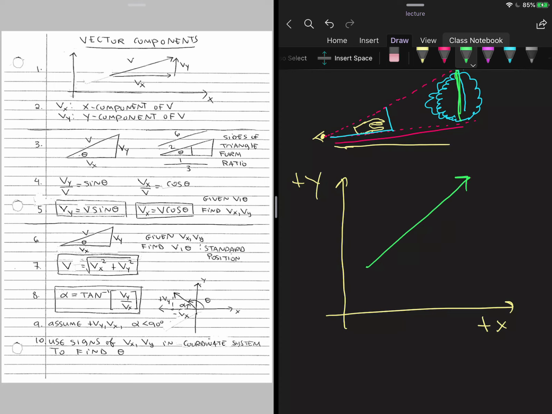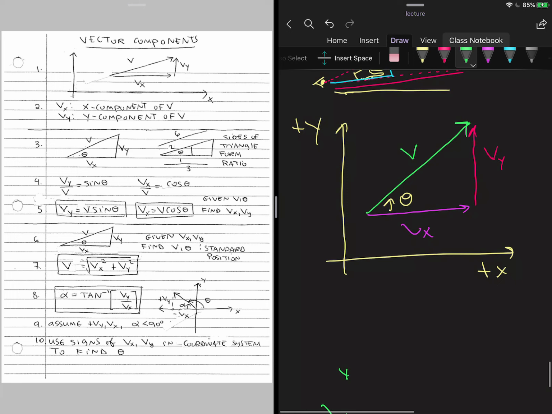A new way to get to the tip of the vector is to walk horizontally by a distance vx, and then to walk up vertically by a distance vy. And we're also going to have the angle here measured relative to the positive x-axis. And also, the length of the vector represents the hypotenuse of this right triangle. So we're going to use ratios to describe these terms.